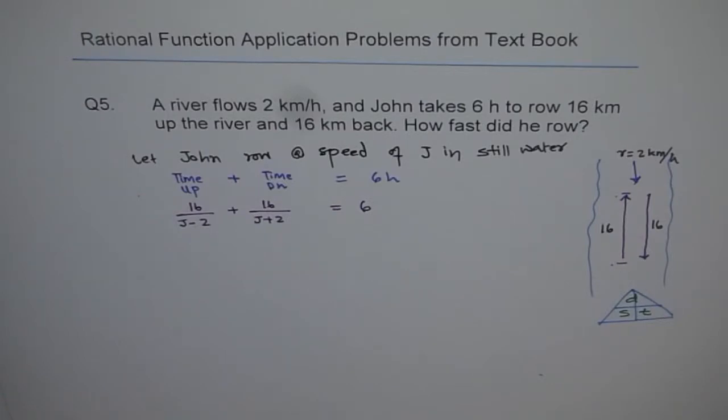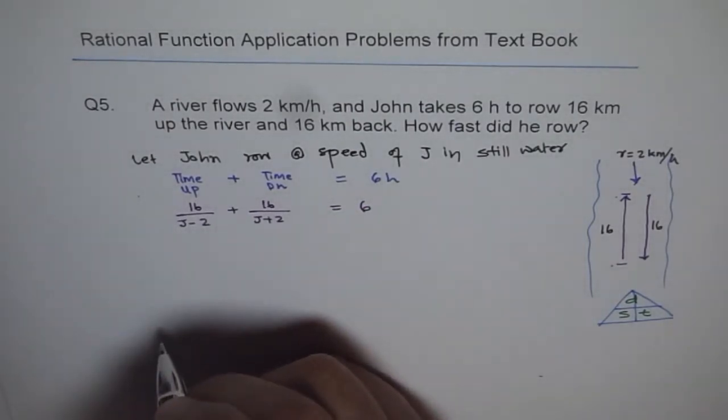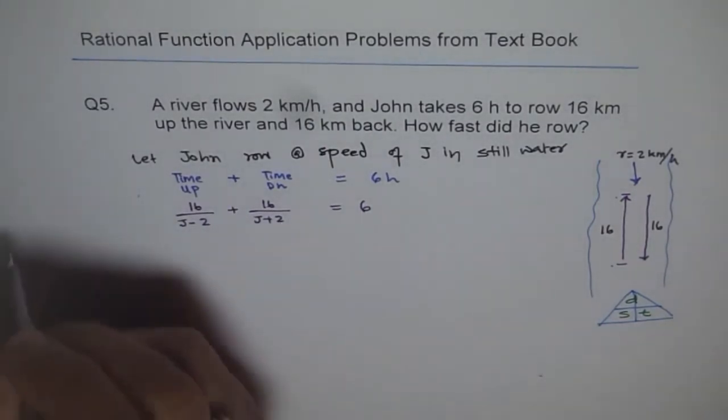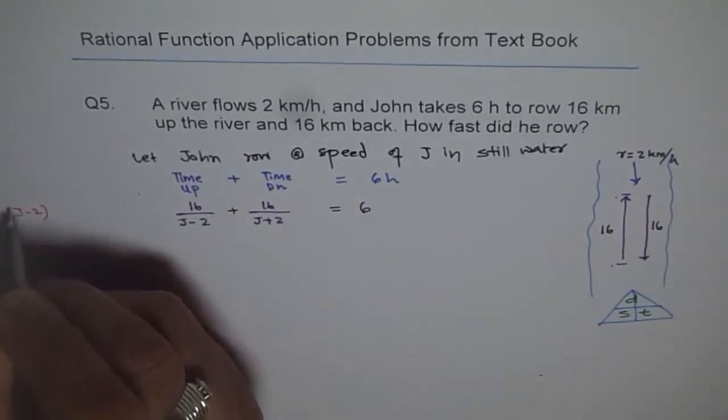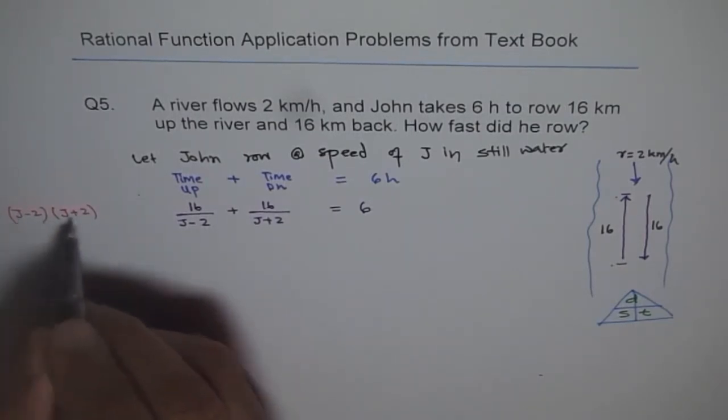Now, simplifying it. I'd like you to use the technique I taught you in the previous 3 examples. We'll multiply both sides by the common denominator, which is J minus 2 times J plus 2. Also remember product and sum, it is J square minus 4.